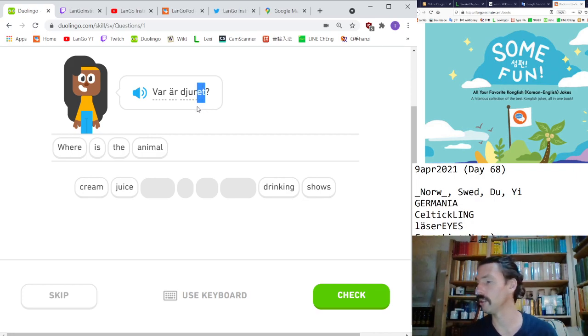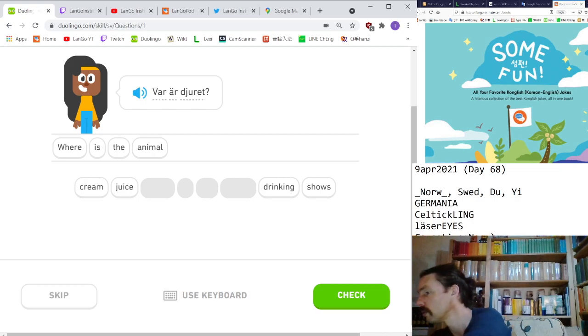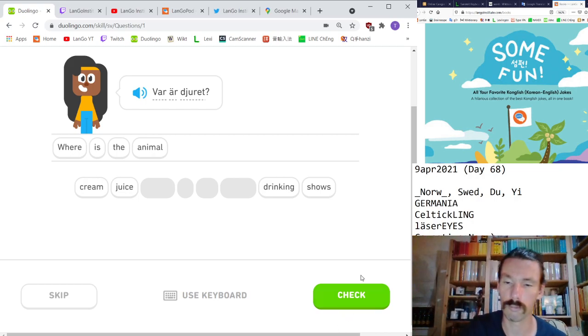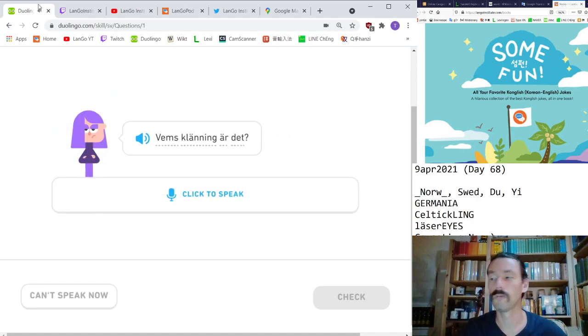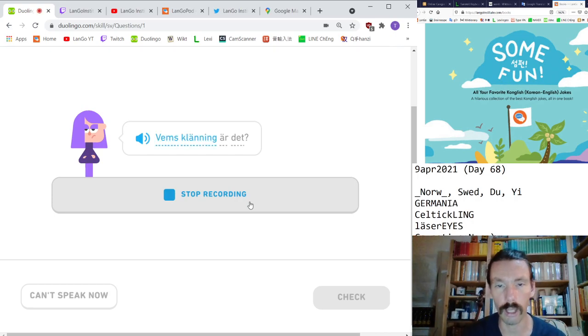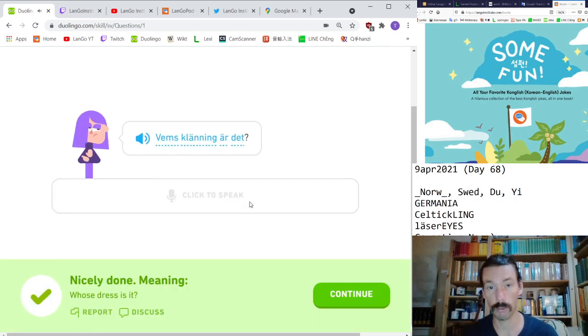Definiteness shown by the T suffix, which we hear. Djuret. Swedish preserves that, unlike the cousin languages, but it drops the D from this cluster. Vems klänning är det? Whose dress is it? Here we drop the T in det, but as a suffix, it's there.